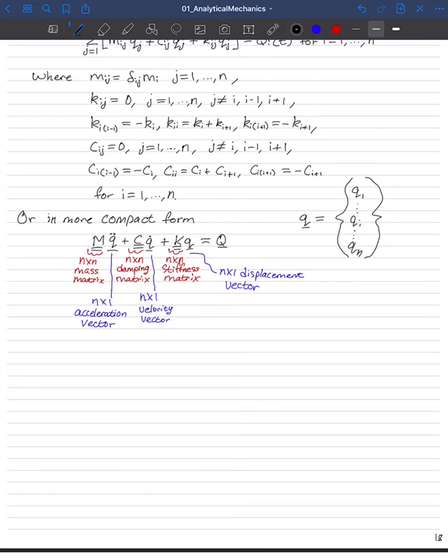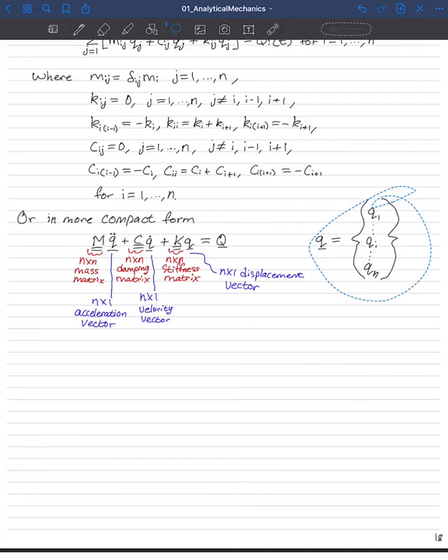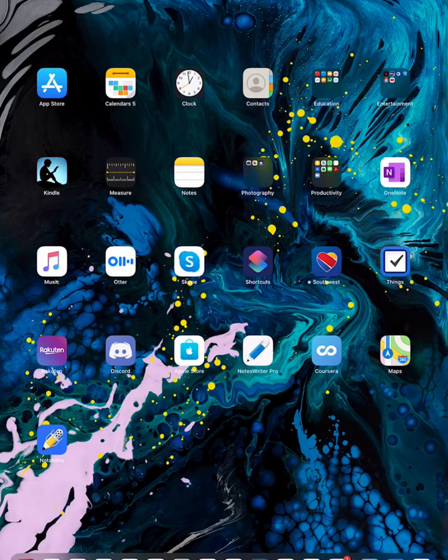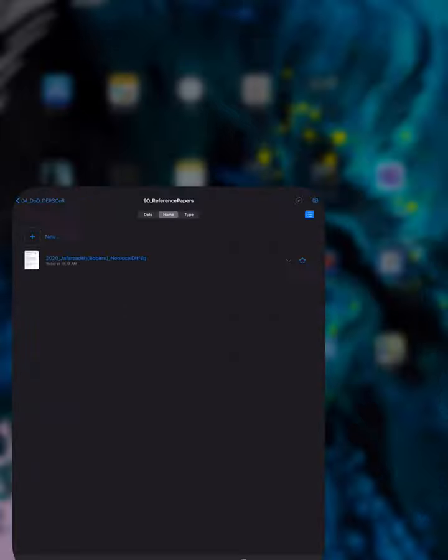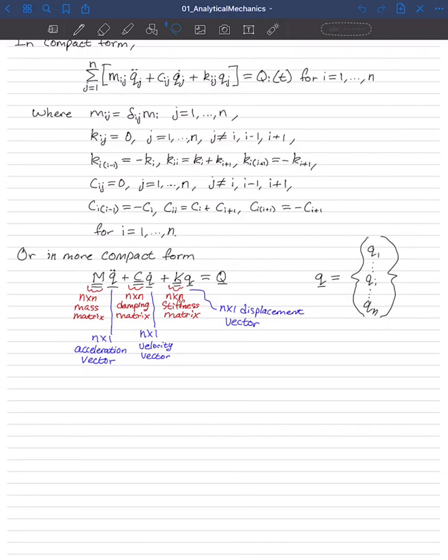That's our Q. So that crashed for me, and I had to go back to my notes, but we'll just continue from right here. Displacement vector, that's our Q. It's n by 1. Okay, and you'll notice that this is similar to a damped harmonic oscillator, except that now it's in a matrix form with multiple degrees of freedom.